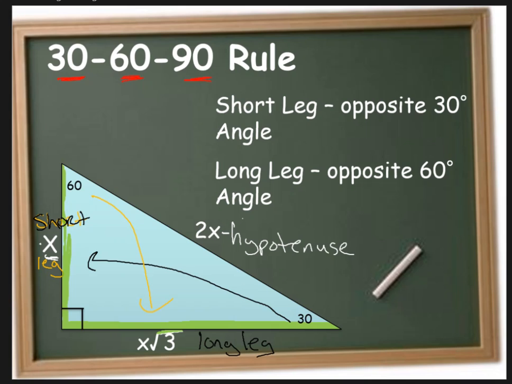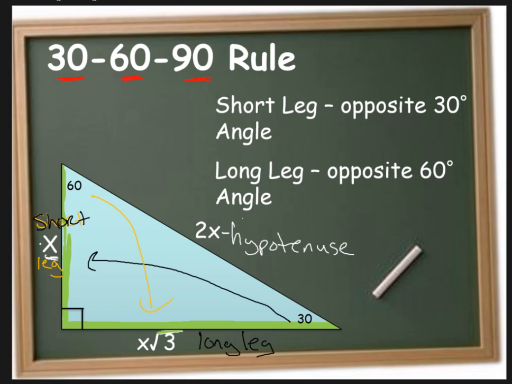Now, there exists a relationship like this for every single triangle. There could be, quote unquote, an 18, 72, 90 triangle. But there's no way we want you to memorize every single relationship that exists. So the only two that you are required to understand the shortcut for are the 30, 60, 90 and the 45, 45, 90.